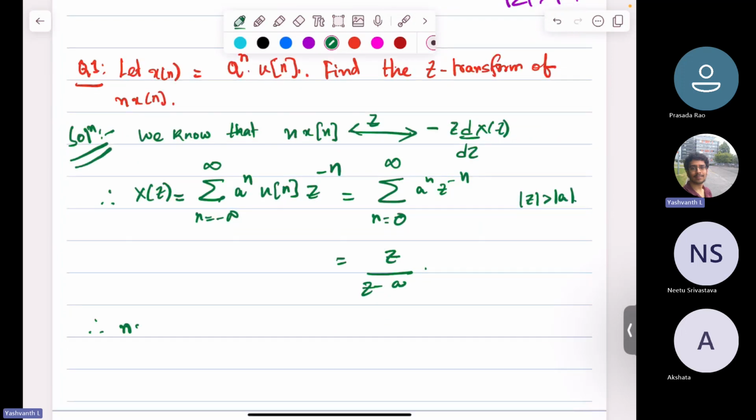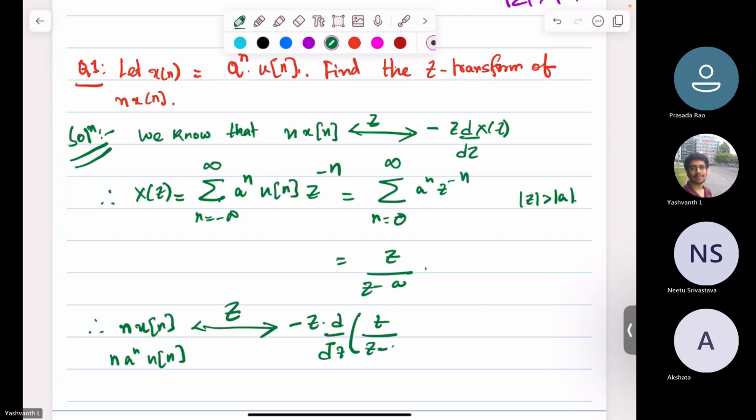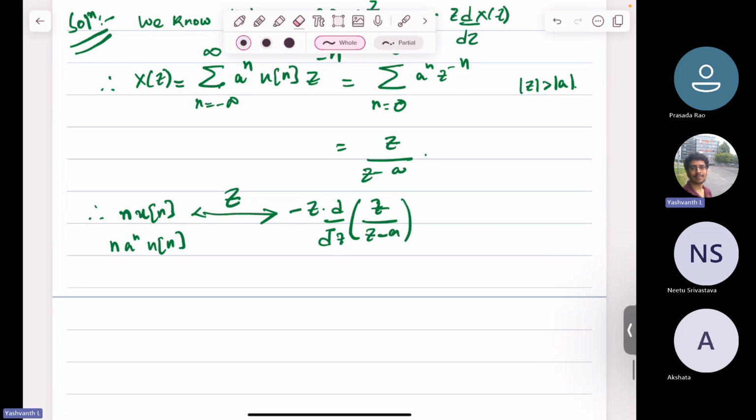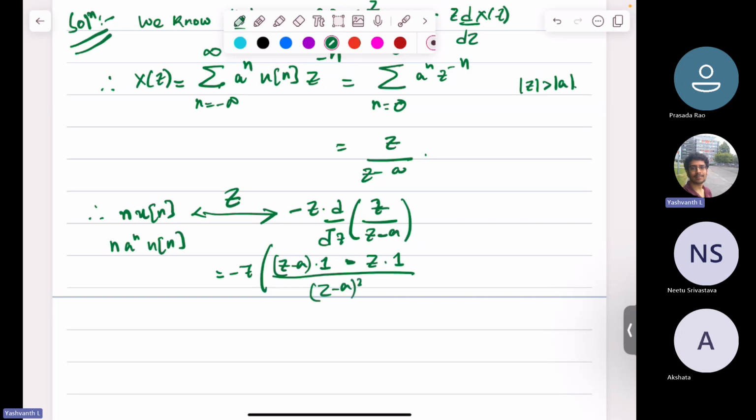Therefore, n into x of n, that is basically n into a power n into u of n, will have the z transform minus z into d by dz of z by z minus a. Of course, you need to use the property, so we'll do it. This is the same as minus z into z minus a into d by dz of z minus z into d by dz of z minus a, that is also 1 divided by z minus a the whole square.